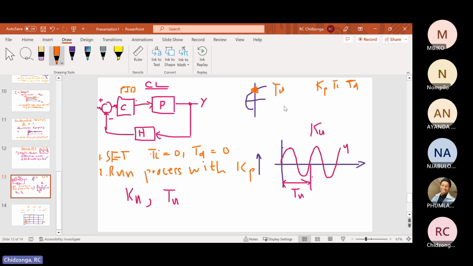Only remember that the relationship between frequency and period: 2 pi f is equal to omega, and f is equal to 1 over period. So you can substitute for 1/T here to get your TU.